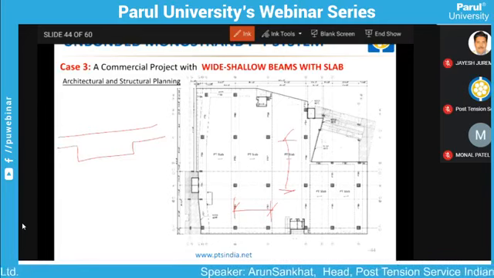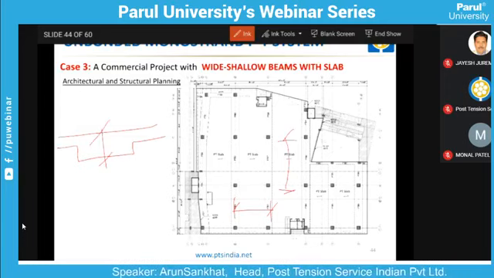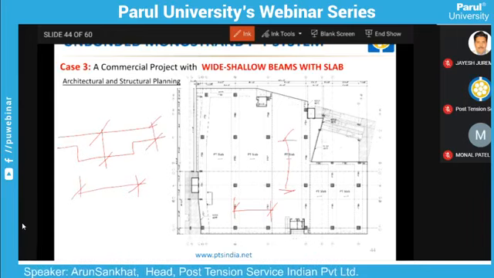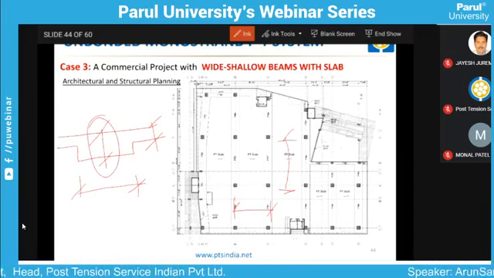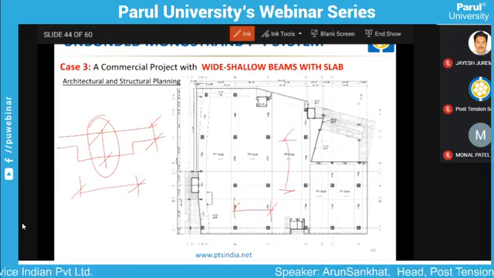This could be the section. This is the depth of the beam, this is the width of the beam, and this is the slab thickness, right? So by achieving this, what we are achieving is a reduction in the overall depth of the deck, or you can say floor, which can be minimized by having such geometries.